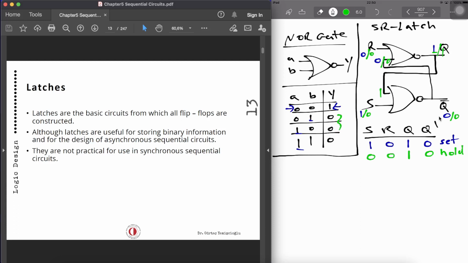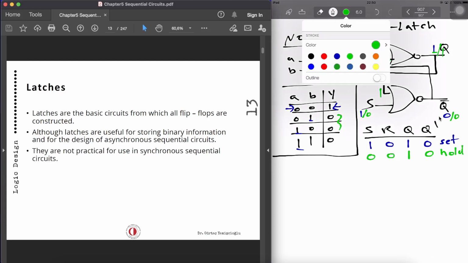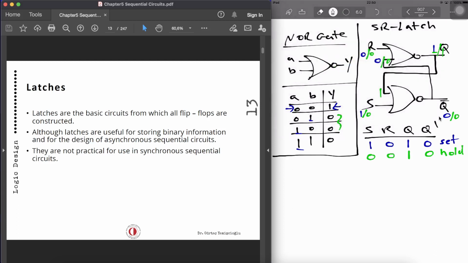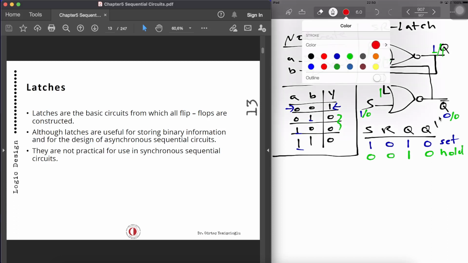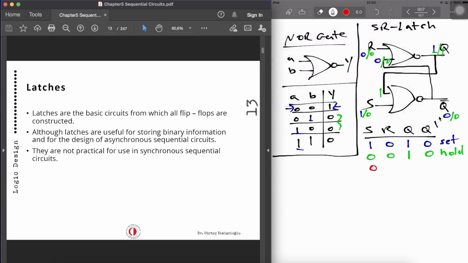So we have done two possibilities, and we have two other possibilities left. Let's try the next one, which is 0, 1. Now reset is 1 and set is 0. So whatever we have done over here is now just switching.